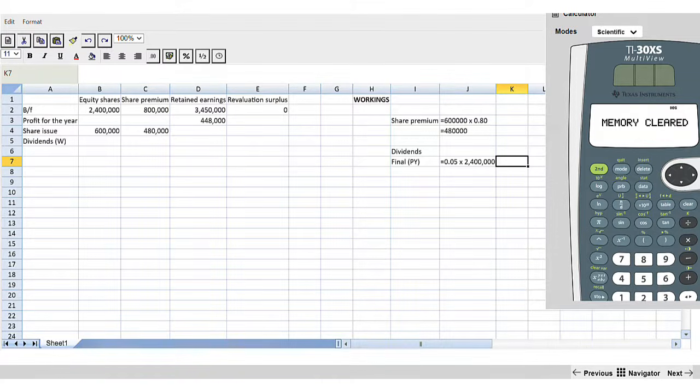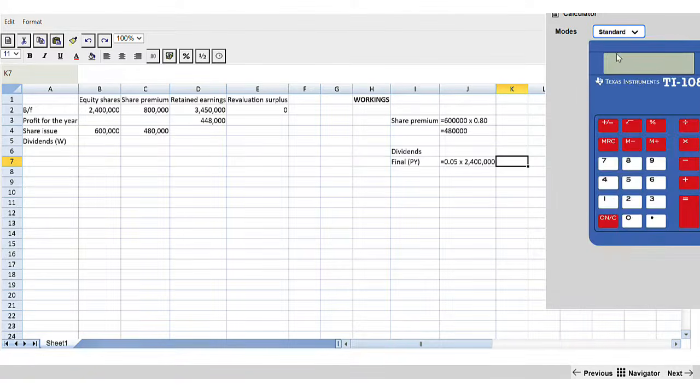I think you can just about see that. Can you? Again, you've got your different modes: scientific, standard. This is financial reporting. Stick with a basic calculator, and on your calculator there, 0.05 multiplied by 2.4 million. Make sure I get the number of zeros right. What have we got? Is that 120,000? Okay.